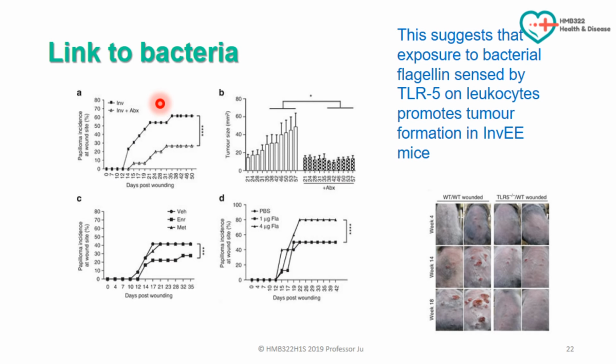So again, to tie all of this together, all of these data suggest that on your skin, you have a number of flagellated bacteria that are going to interact with immune cells that are part of your skin immune system, especially those gamma delta T cells, if we believe that Fiona Watt is correct, and that on these gamma delta T cells, we have these toll-like receptors that will be able to interact with these.